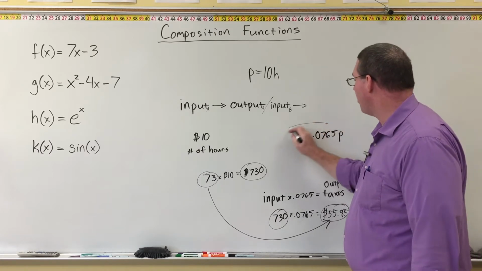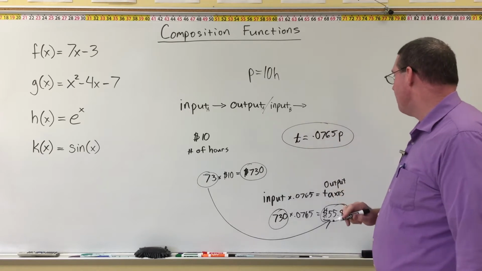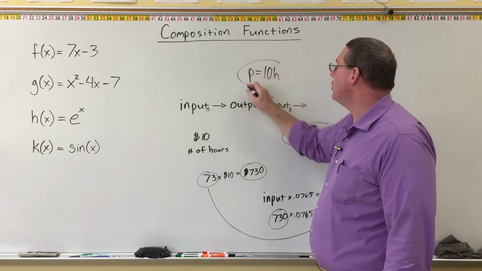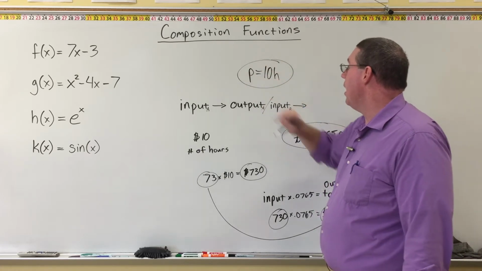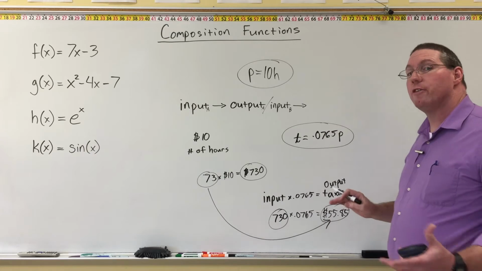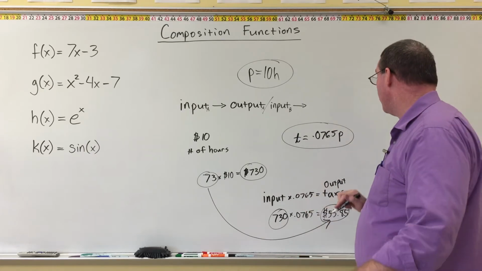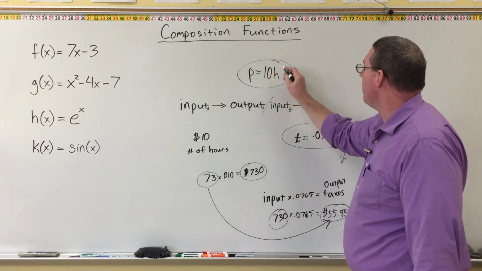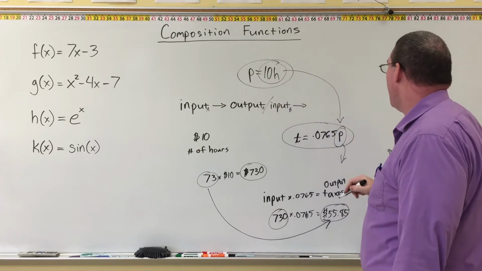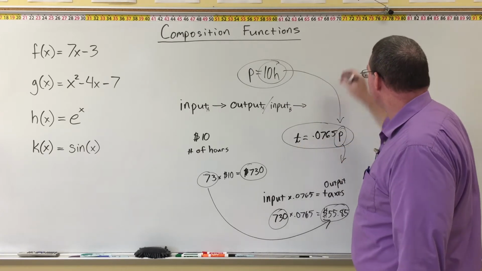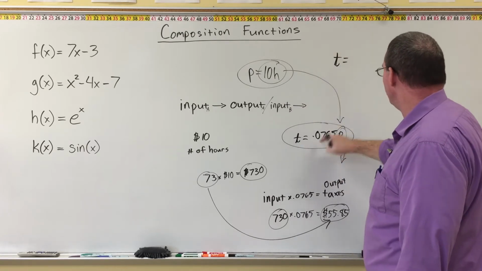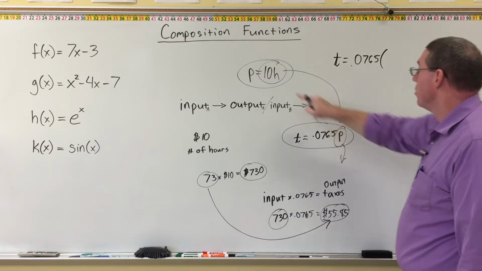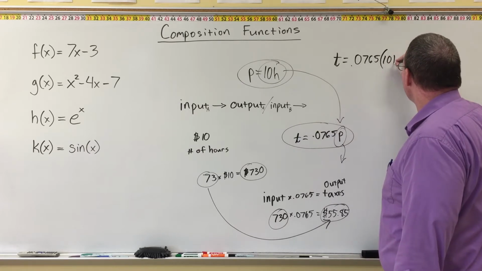What we can do is take the taxes function, where your paycheck is the input, and the paycheck function, where your hours are the input and your paycheck is the output, and turn them into one function. We take the P out and put in what P is equal to, so taxes are equal to 0.0765 times 10 times your hours.